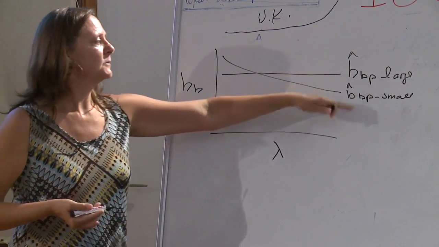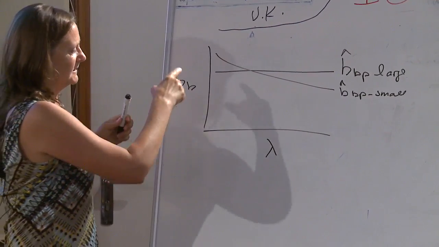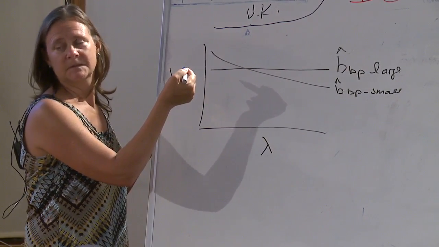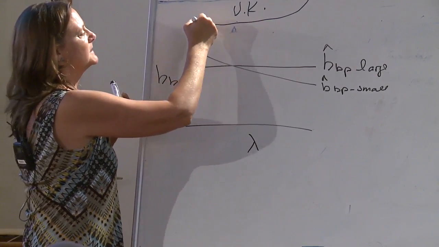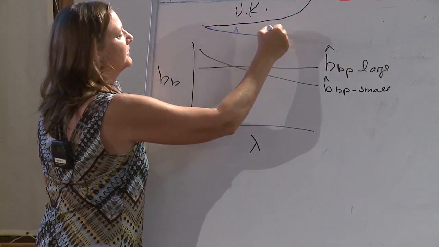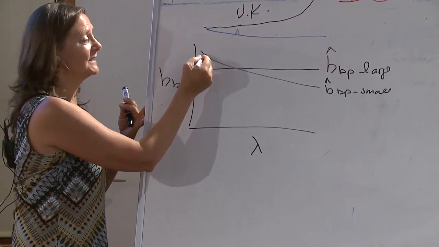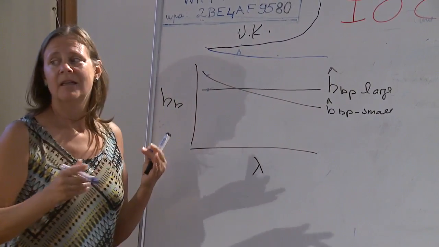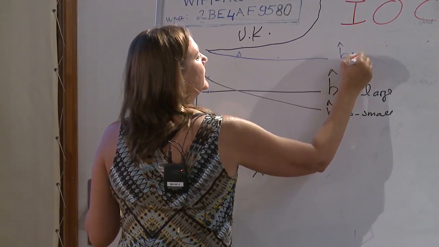So does it mean that I have equal amounts? No. What it means is that I really need to add these together, right? I didn't give myself enough space here, but what it means is I have something flatter by adding the two, because it needed this much and this much. And so if I add the two, that's actually the modeled BBP.